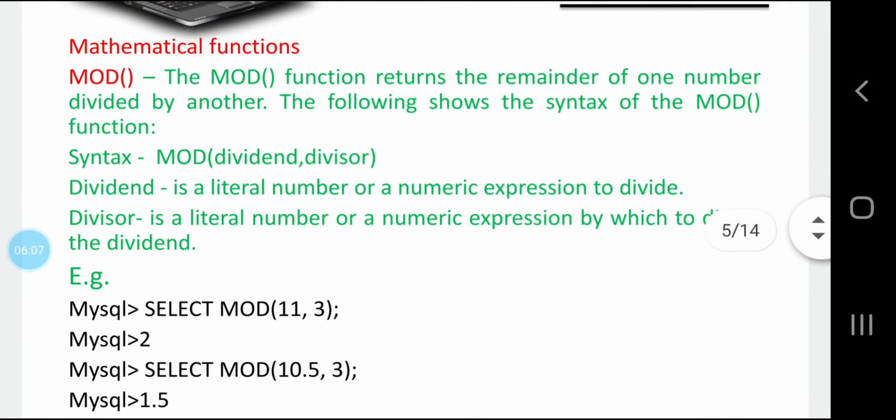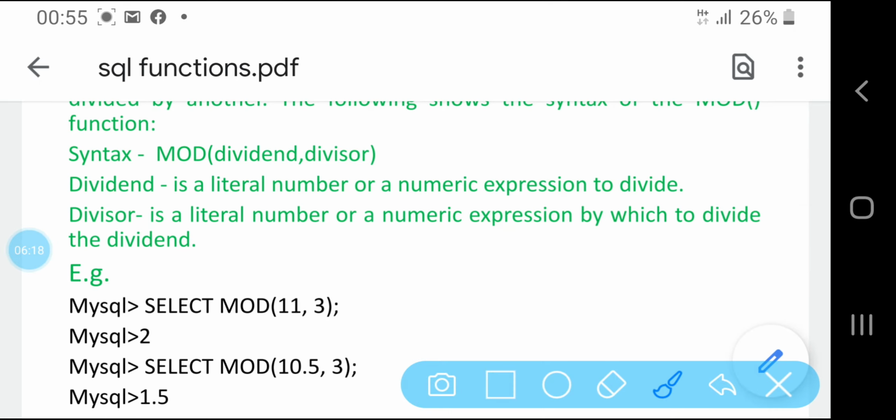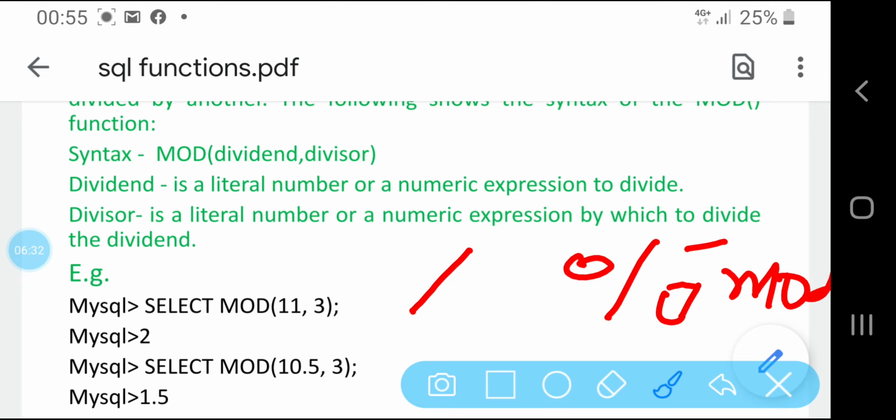Now the next function is the mod function. The mod function will return the remainder of a number divided by another number. Basically there are two operators: one is the slash, and the other is the percent sign, which we also call mod. The division operator will return you the quotient and the mod operator will always return you the remainder.